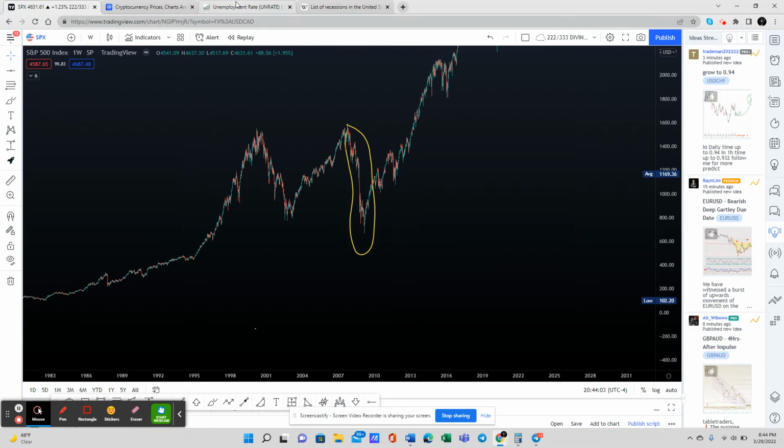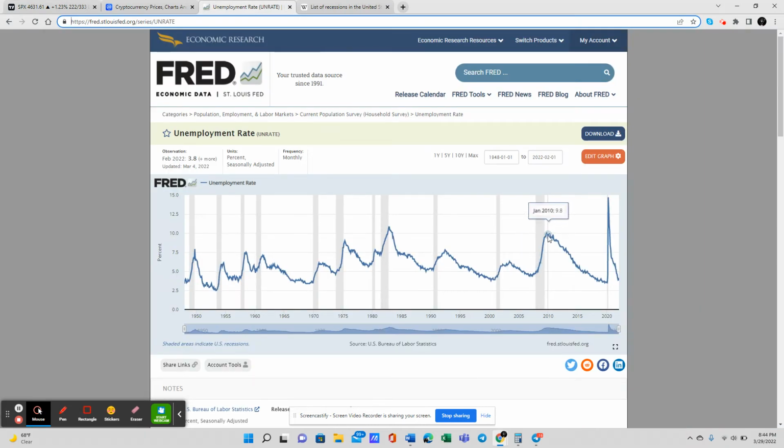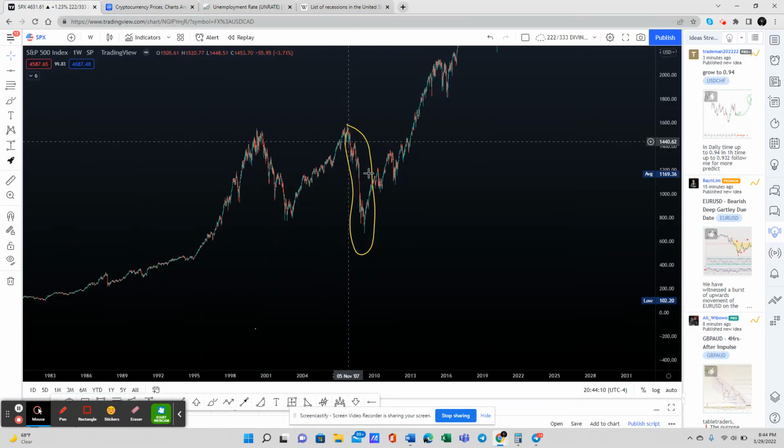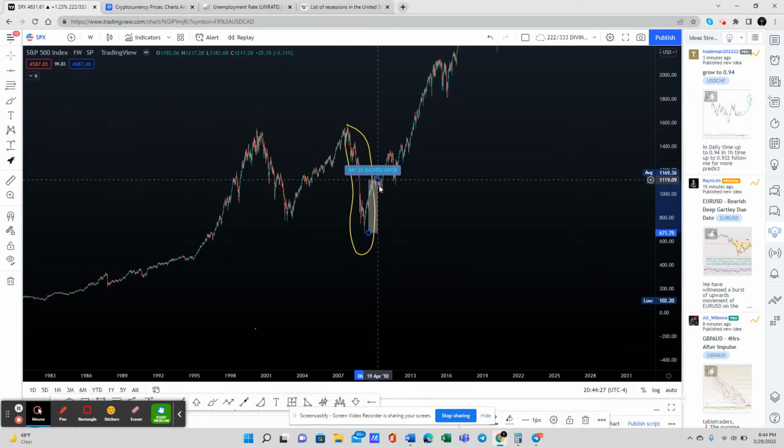All right, let's go back and look. And we were up here in 2010. Let's go see what 2010 looked like over here. All right, so this is about January 2010 right here. So if you look, guys, from here all the way to here, basically, we had a 66% gain on the S&P.